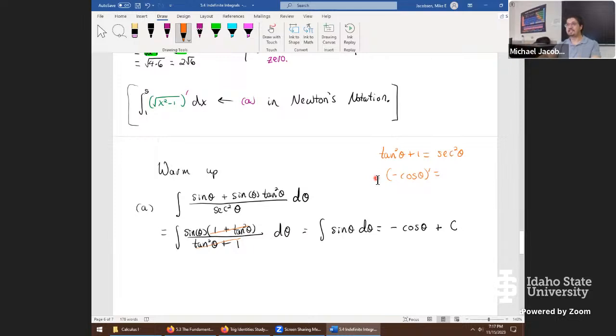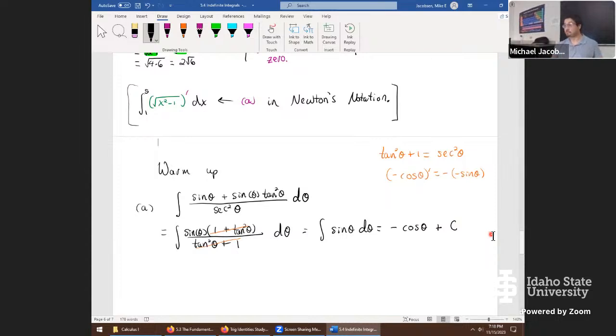The pen in orange, think of it as mentally differentiating. The derivative of cosine theta is negative sine theta, and the signs cancel to give us the sine theta over here that we're expecting. So that's the end of this process right here. We have infinitely many different antiderivatives, all indexed by choosing a real number C. Any questions at all on that answer down below?